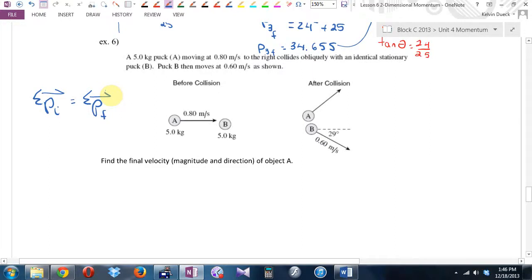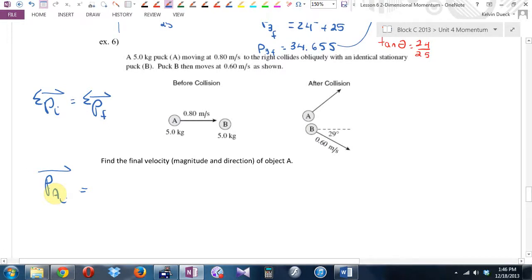Before the collision, what's moving? Mass A, mass B, or both? Momentum of A initial. Wham! They collide. After the collision, what's moving? Mass A, mass B, or both? Both.